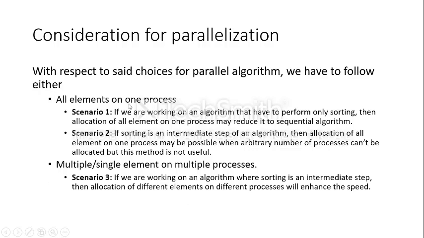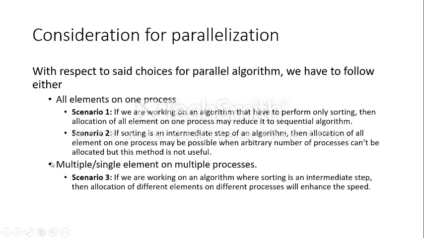So in this way we can understand that one scenario is that I can allocate all elements onto a single process, but the parallelism is lost. The other is that I can assign either multiple elements on a single process or a single element onto a single process.